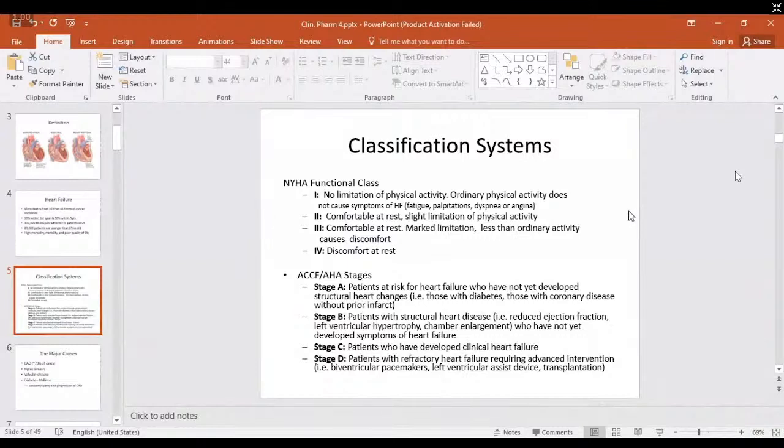But they feel some symptoms like fatigue, palpitations, dyspnea, or sometimes angina if they also have ischemic heart disease, with physical activities that are above the normal.